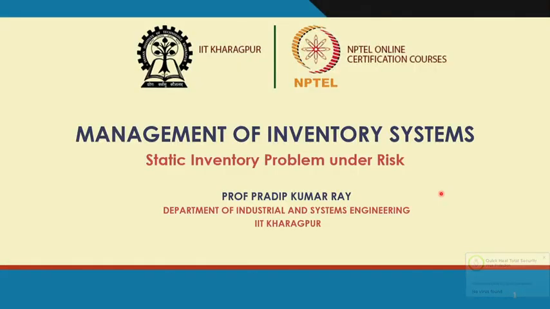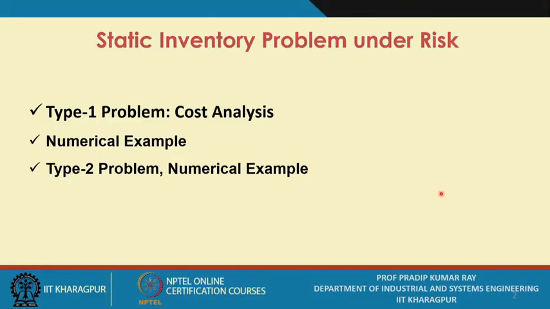Now, obviously, if there is a benefit analysis when the sales of the product is involved, related to the production of an item within a manufacturing system, and when the cost based analysis is needed, what is important is that related to type 1 problem, or for that matter any type of problem, you must go for cost analysis.